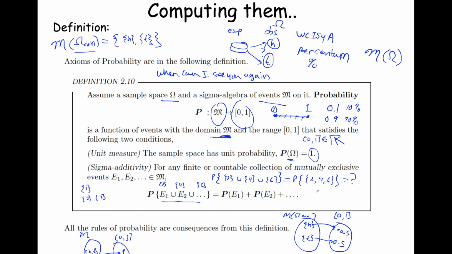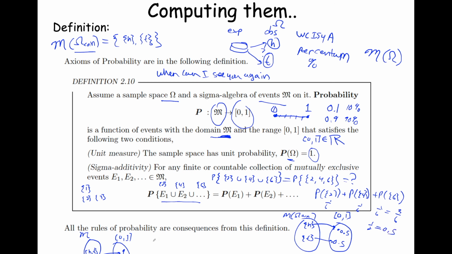I take the probability of the 2 event, add that to the probability of the 4 event, and add that to the probability of the 6 event. So this gives us a scheme for how we calculate the probability of a complex event by decomposing it, via a set operation, the union, into simpler events. So this is just 1/6 plus 1/6 plus 1/6. That's equal to 3/6, which is 1/2, or 0.5 probability.